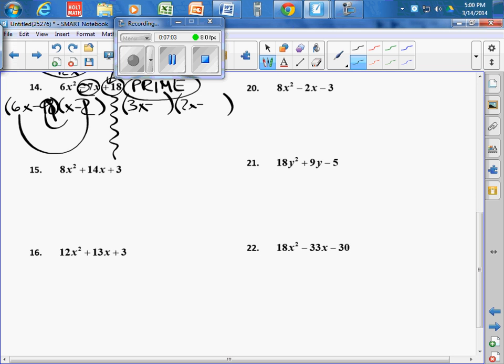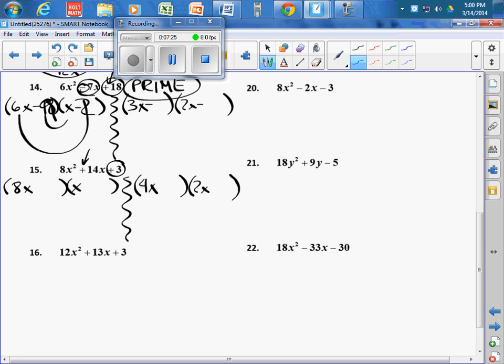All right, so in number 15, I'm either going to be starting out with 8x times x, or I'm going to be using 4x times 2x. Now, since it ends in positive 3, both signs are going to have to be the same. They're both going to be positives. I'm going to have plus and plus here.